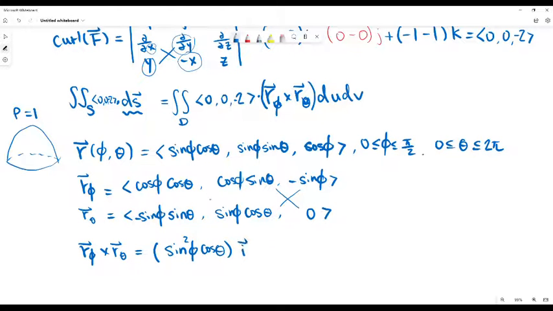And then my j would be those two again. That's a 0 minus a positive part, but I have a minus in the front, so it becomes a plus again. That's sine squared phi sine theta.